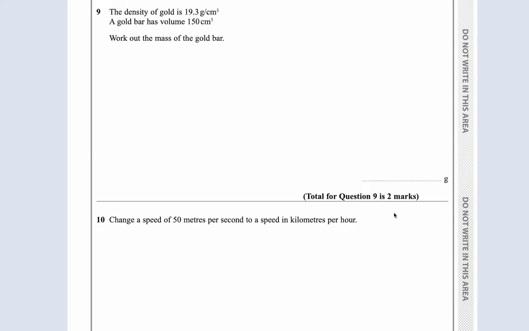Okay, question 9. Density of gold is that. The volume is that. Work out the mass. Okay, the density, guys, the formula for density. Density is equal to mass over volume. If you recall, it's how much mass per volume. So the density is 19.3, so I'll sub in 19.3. The mass, I don't know. And the volume, I do know, it's 150.